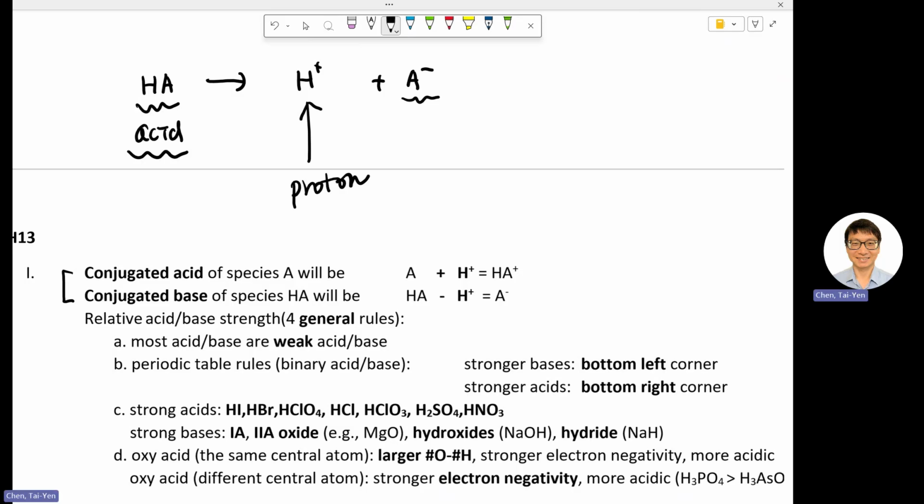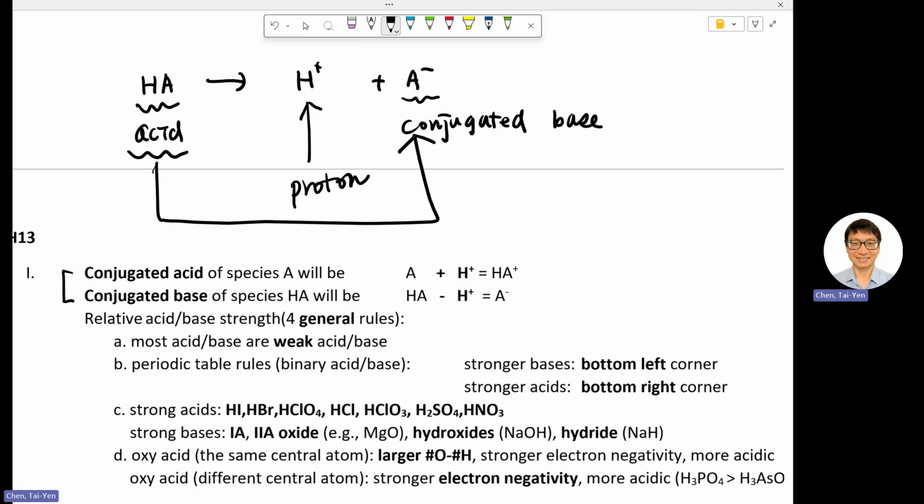The thing I want you to focus on is this A minus. We actually have a very specific term for it. We call it the conjugate base of the acid.